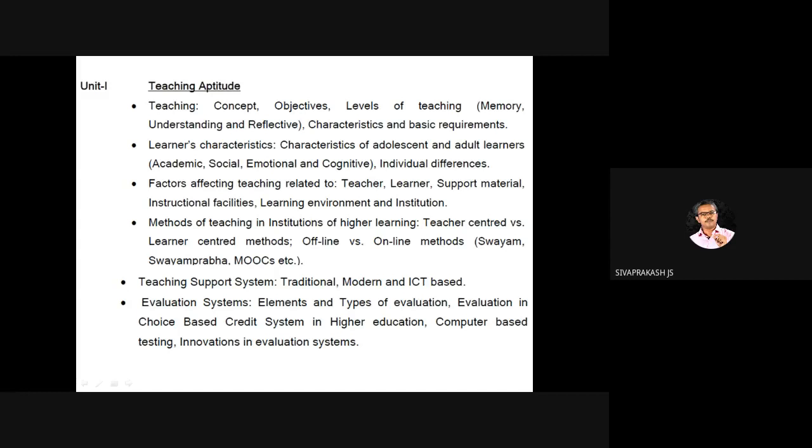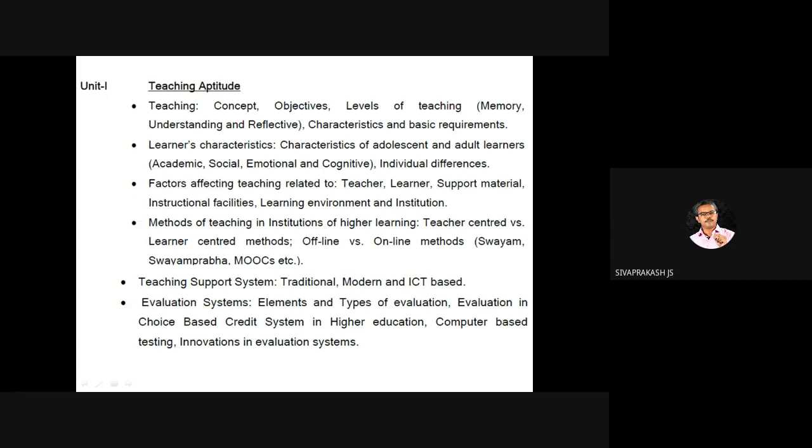The revised syllabus is updated with online teaching methods. Then what are the teaching support systems? Traditional system, modern system, and ICT based system. Definitely, I expect questions even in the computer ICT paper. There is one unit on computer science, basic computer, and ICT, and teaching aptitude relates to it, so definitely there may be a question this time.